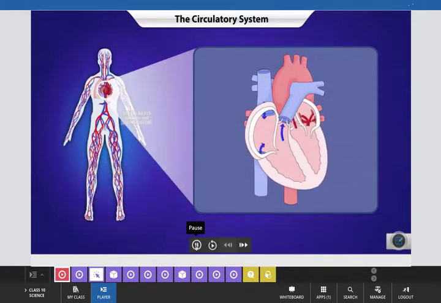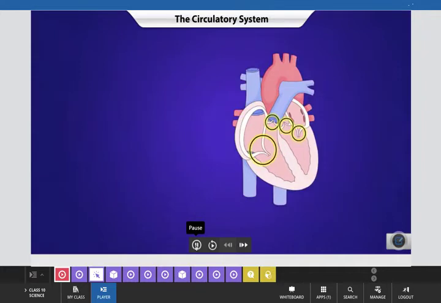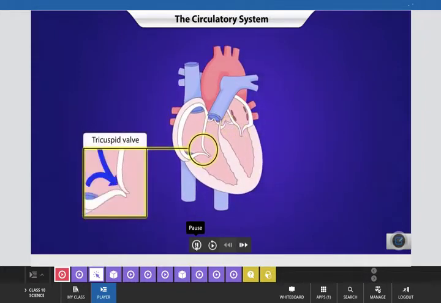Well, now that you have seen how blood circulates, you must be wondering how the heart regulates the flow of blood. Let's check this out. The heart has 4 valves that prevent backflow of blood within the heart. The tricuspid valve allows blood to flow only from the right atrium into the right ventricle.